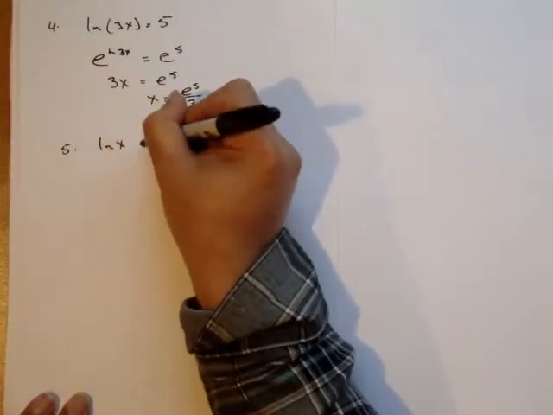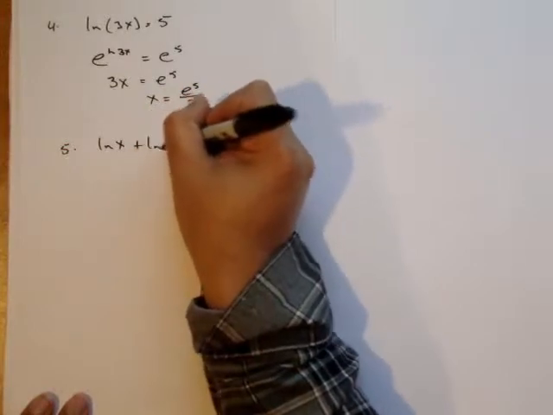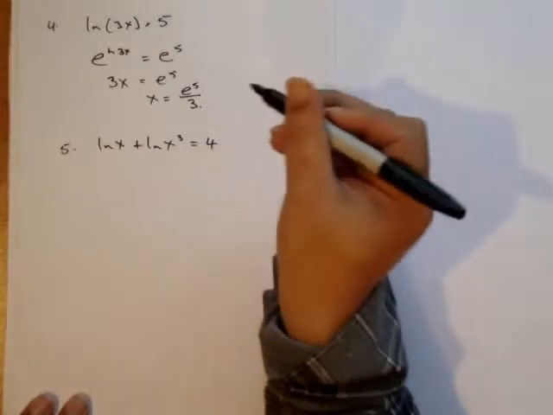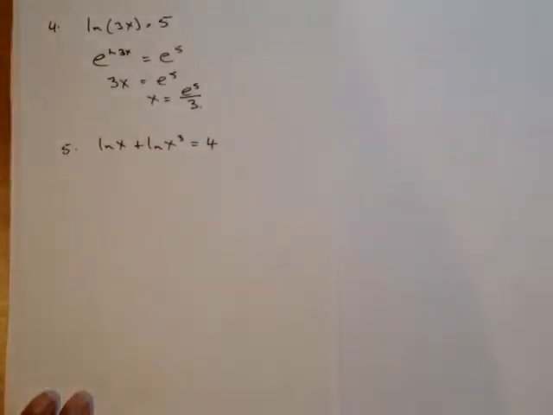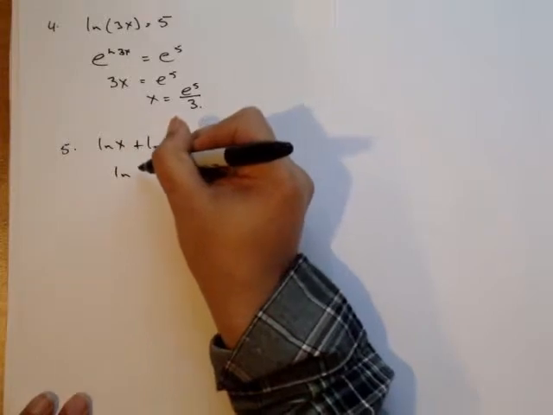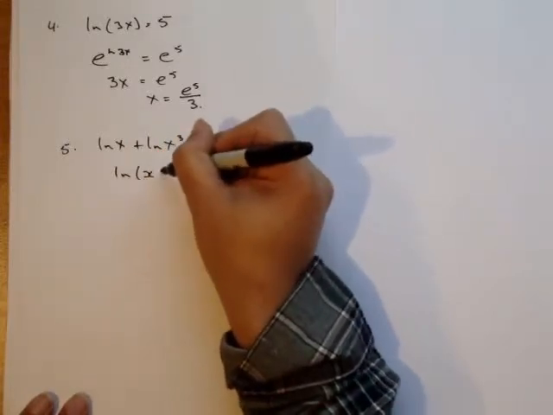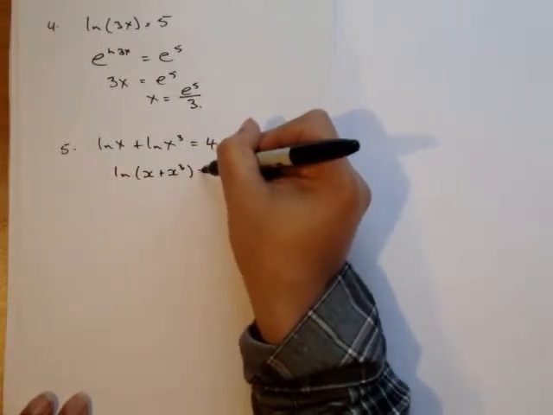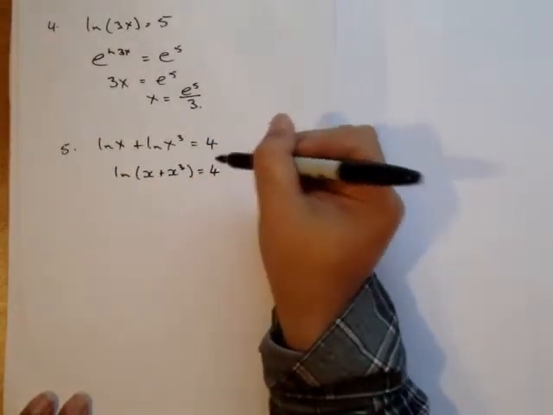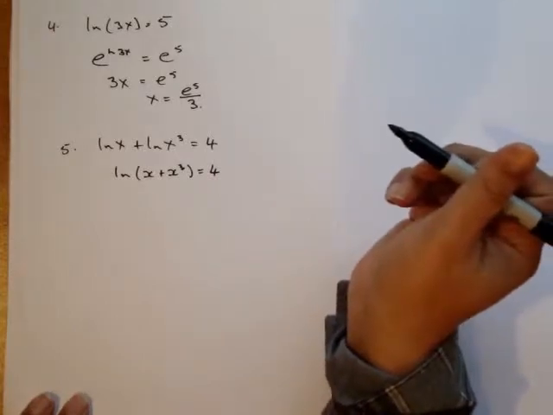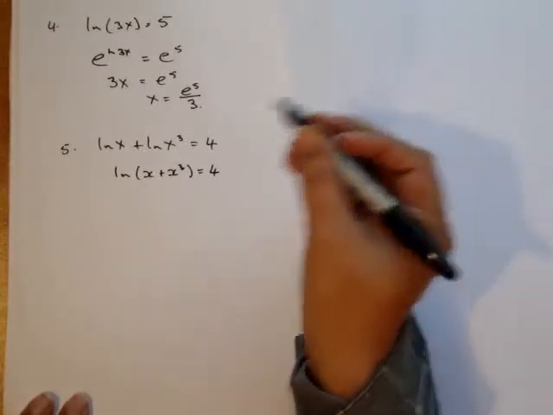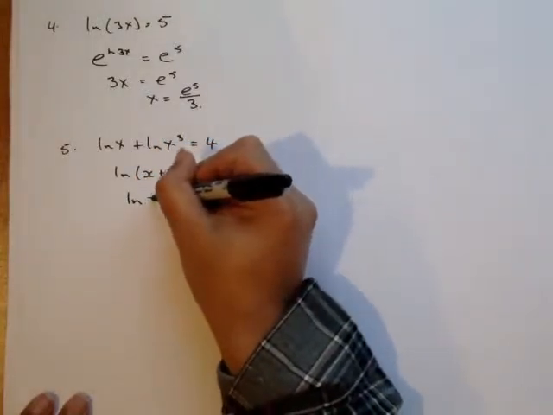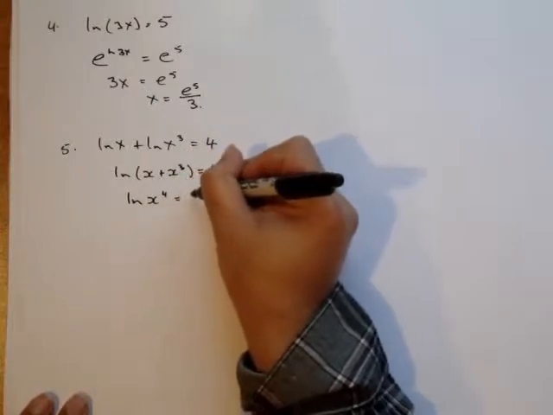Natural log of x plus natural log of x cubed equals 4. So what we can do is natural log of x times x cubed equals 4. So the natural log of x to the 4 equals 4.